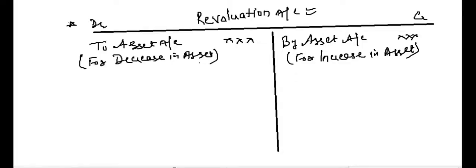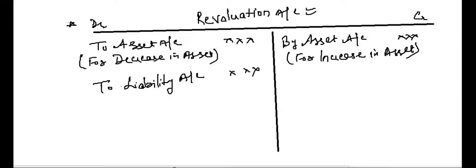Clear? Now if I talk of liabilities, if there is an increase in the liability, is it credited or debited? It has to be credited, to liability account, whatever the liability is.